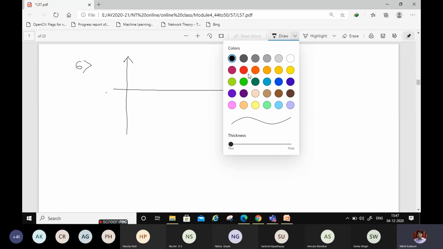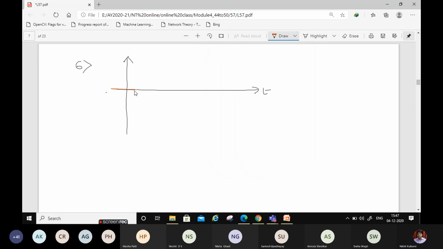Let me give you the signal in red color so that you can identify. So how to model this here?